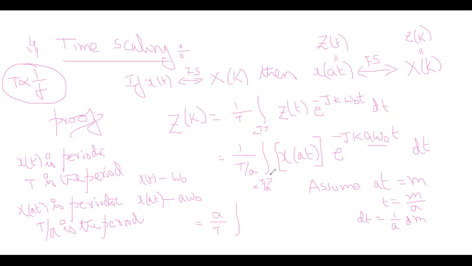And the integral over T by a, or whatever it is, is from minus infinity to infinity, so again the value is over the T limits only. X of m, since I assumed at is equal to m, e power minus j k a into omega naught. What is the t here? Now it is m by a, times omega naught, and dt is dm.